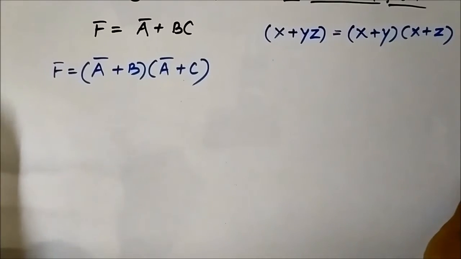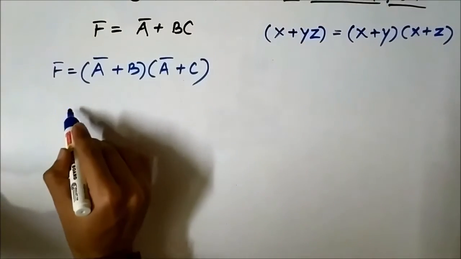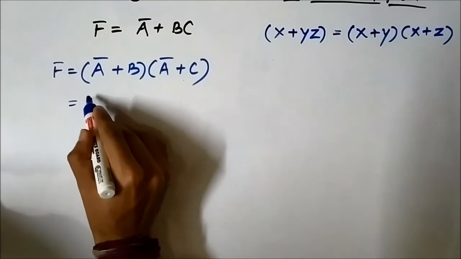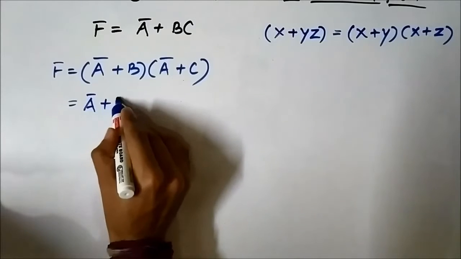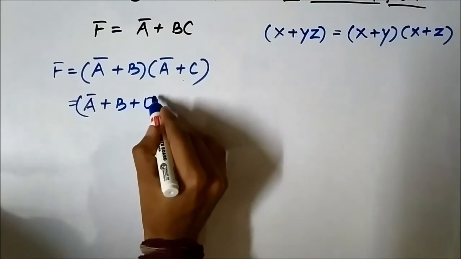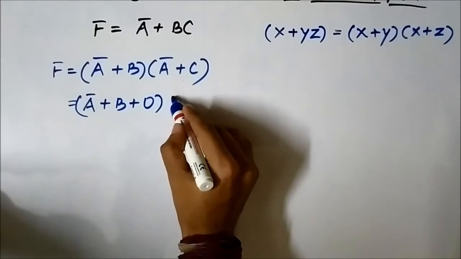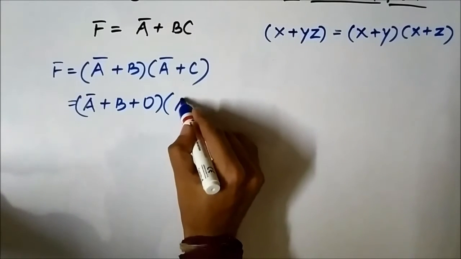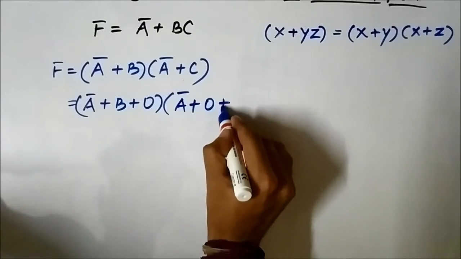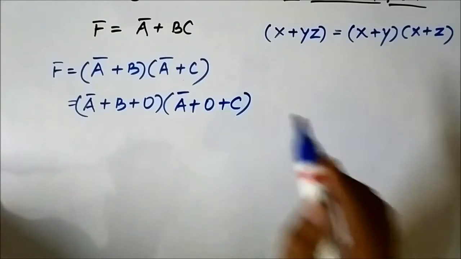Before that, we can write this Boolean expression as A bar or B or 0. It will mean the same thing, isn't it? Again, this we can write as A bar or 0 or C.